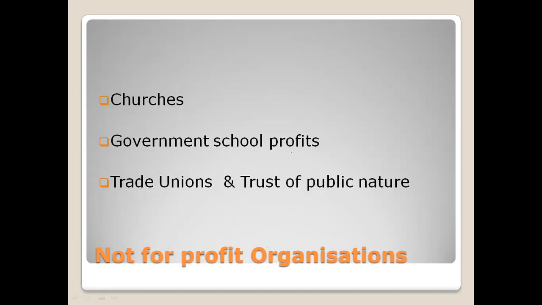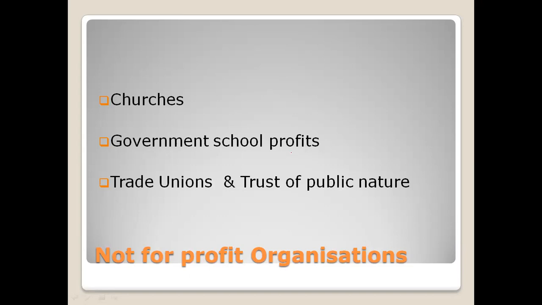Let's move on to other exempt income. All incomes or profits that could have been attained for not-for-profit making organizations also qualify to be under section 14 as exemptions. Let's say we've got income from churches, we talk of tithes, we talk of offerings, whatever they get is tax-free.